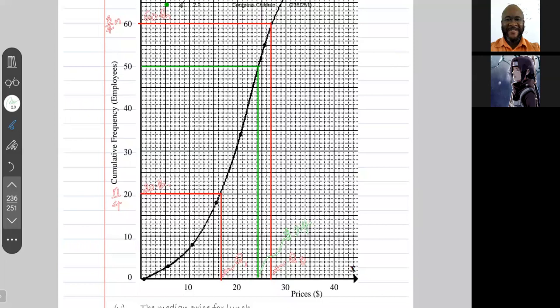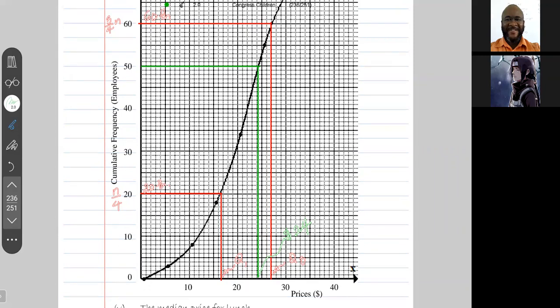Now, it's only 30 people who spend more than $24. So if you want a price that no more than 30 people spend more than, that price must be $24, because $24 is the price that person number 50 paid for lunch, and only 30 people are above him.